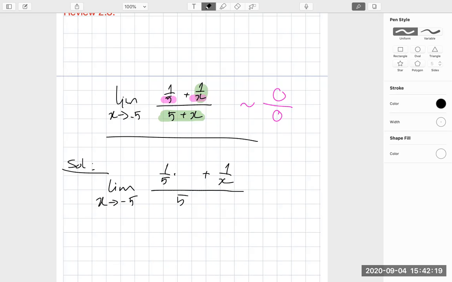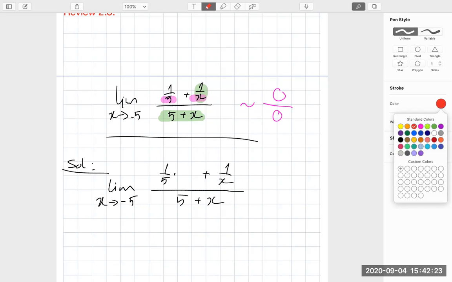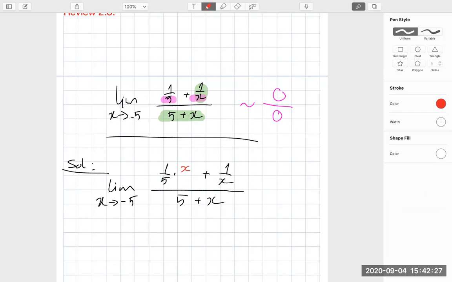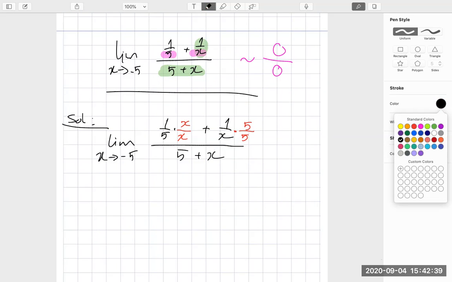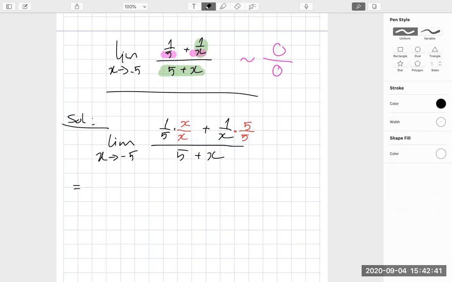Let me write it down. We see that 5x is the common denominator. So this one, we multiply by x and divide by x. This one we multiply by 5 and divide by 5. Nothing has changed. Now they have the same denominator, therefore we can sum them up.